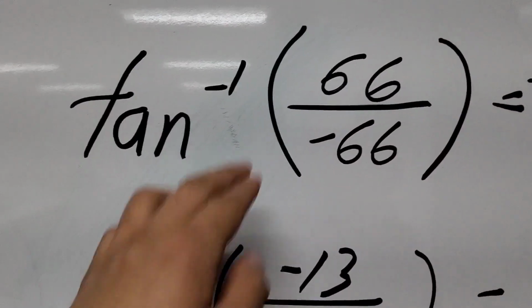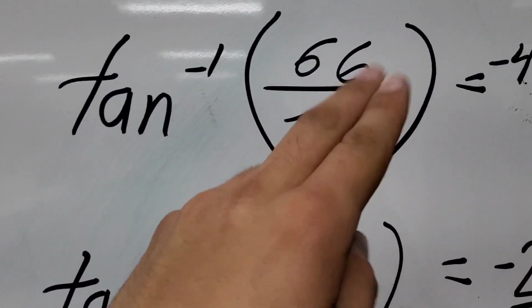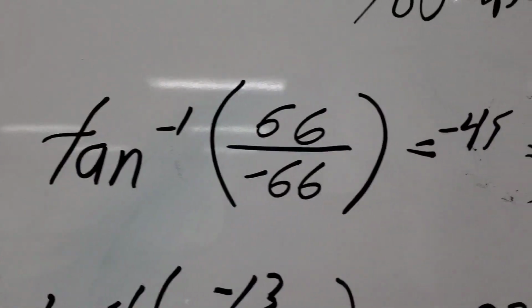And for the angle, we do the tangent to the minus 1 of y divided by x. In this case, 66 over minus 66.